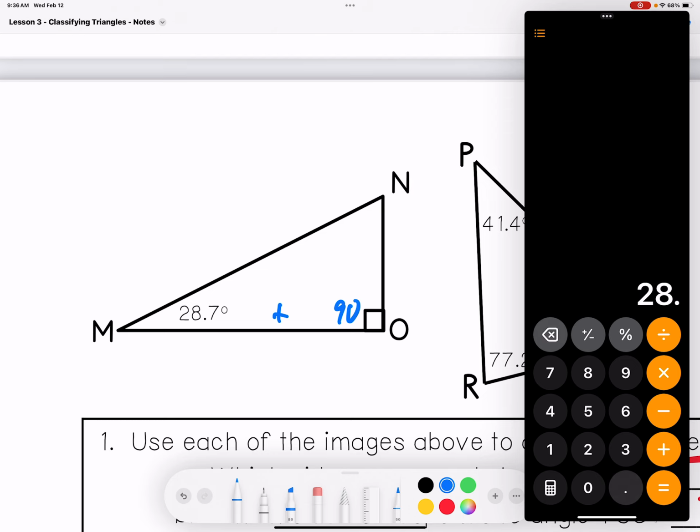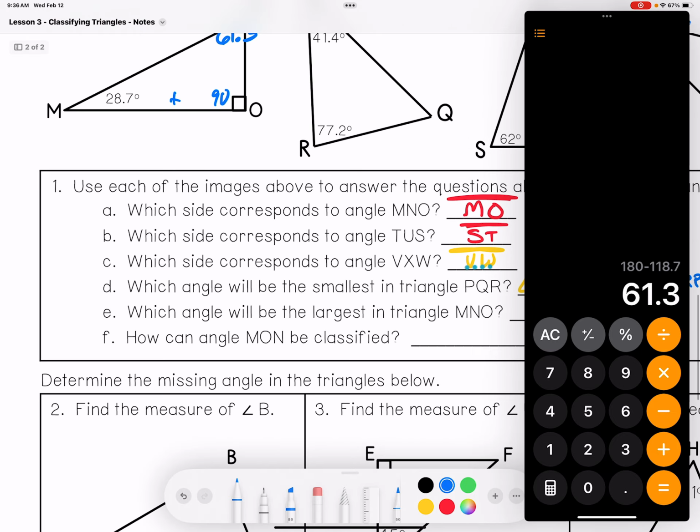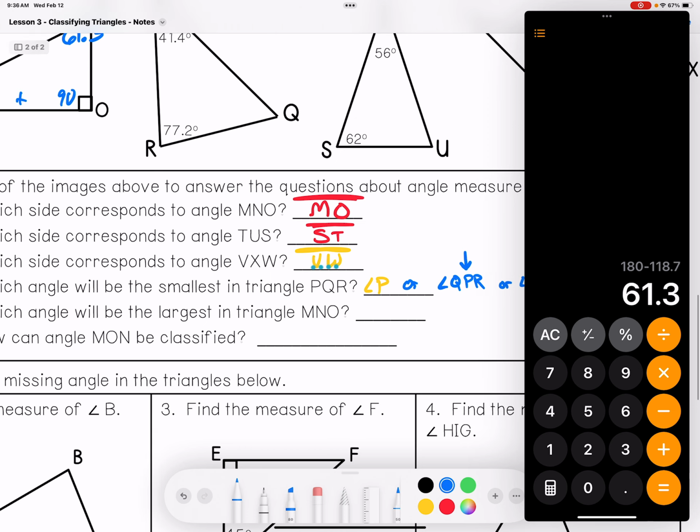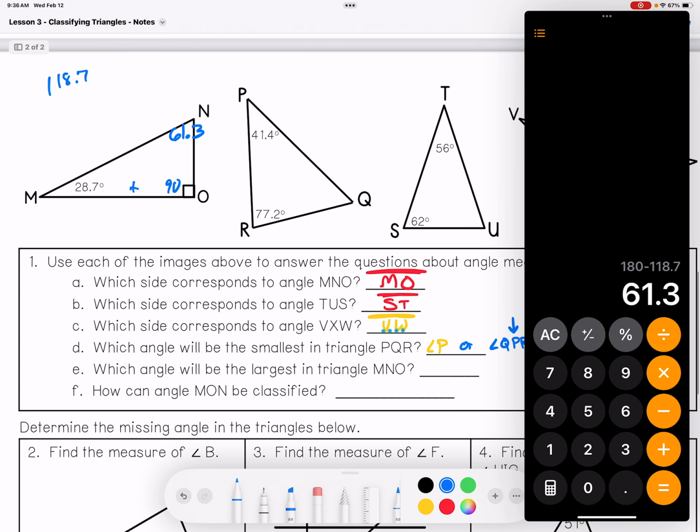So 28.7 plus 90 is 118.7. So what's left? It's going to be 180 minus 118.7, and I'm going to get 61.3. So which one is the largest? 90, which is which angle?